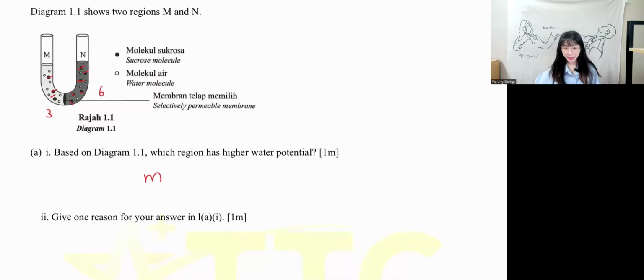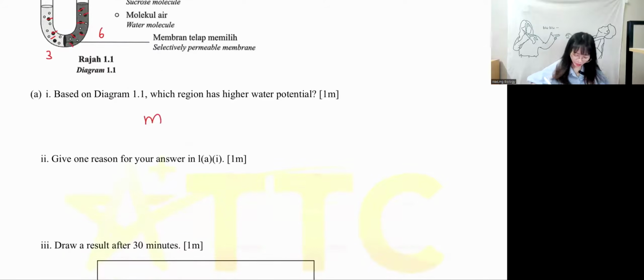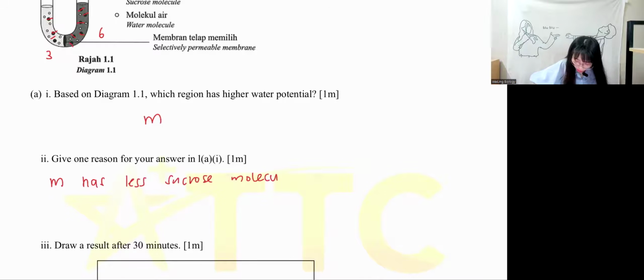And they ask you why. You're going to say M has lesser sucrose molecule compared to N. Can I write concentration? Of course you can.